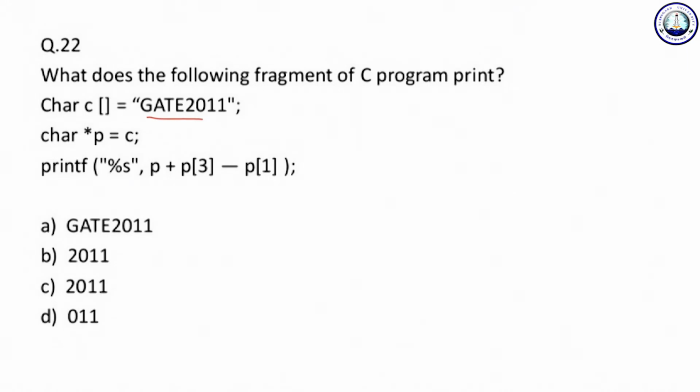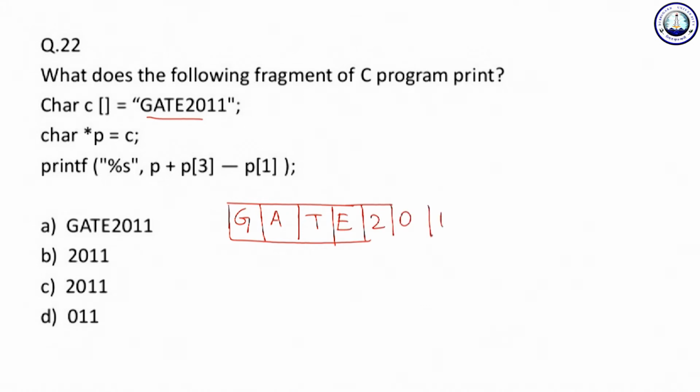So let us first make an array where we will be storing this GATE 2011. It is in this way, and as you know, it starts from the 0 location. So it will be in this way.